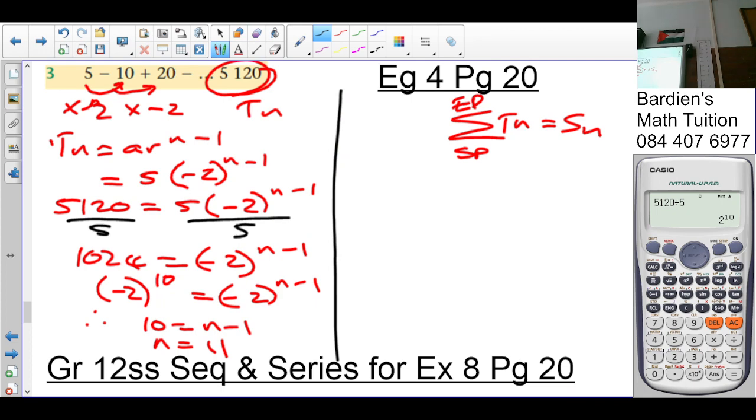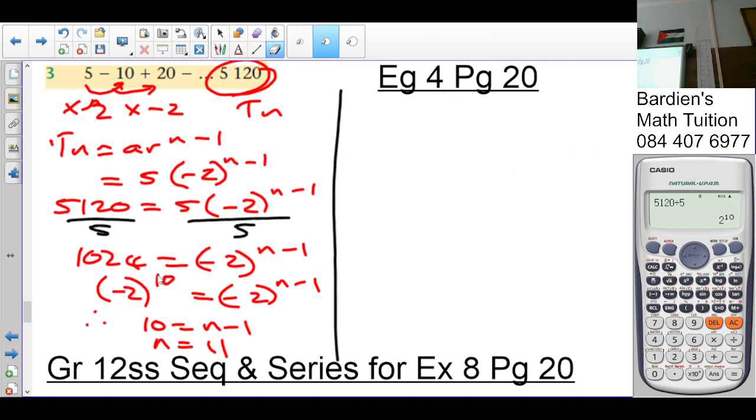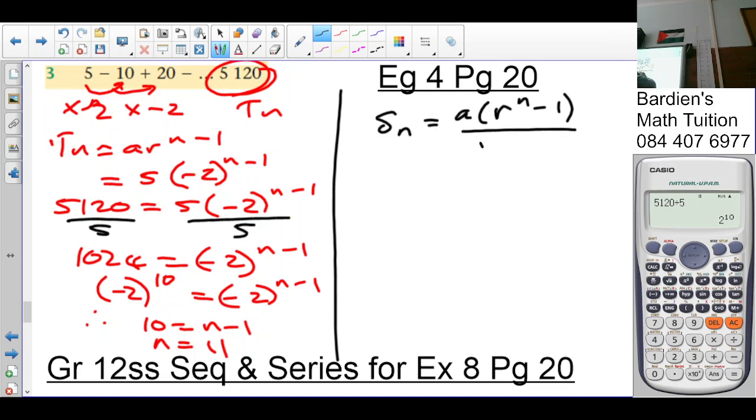So what I'm going to do is take this off here and work out the sum of the sequence. Since it's geometric, it follows Sn is equal to a(r^n minus 1) over r minus 1, or I could use the other formula.